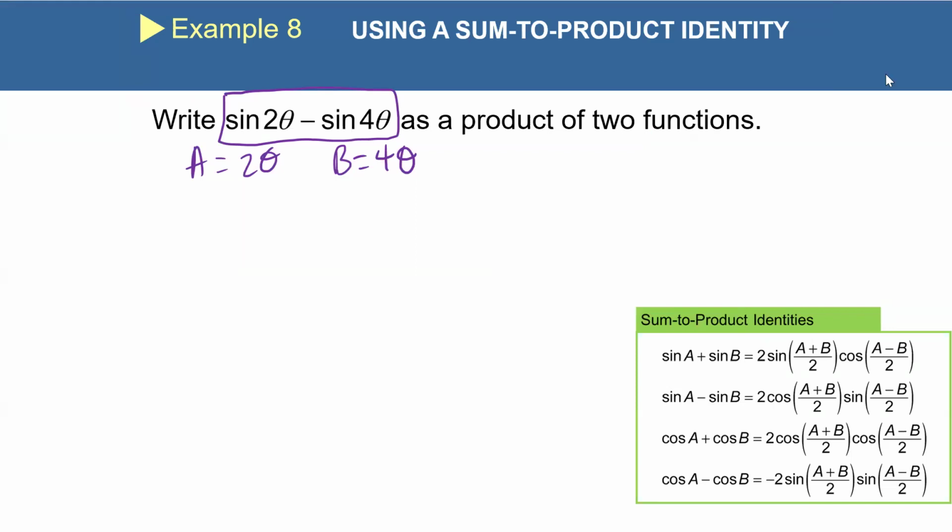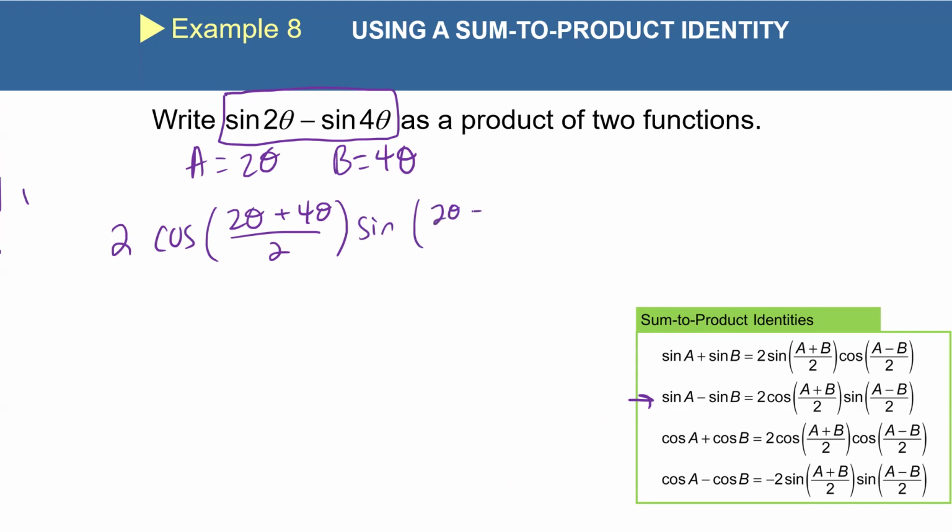Okay, so we determined that for sine 2 theta minus sine 4 theta, we were gonna be using the second one. So we started plugging in. We get 2 cosine, our A is 2 theta, our B is 4 theta, divided by 2, times sine of A, which is 2 theta, minus B, which is 4 theta, divided by 2.